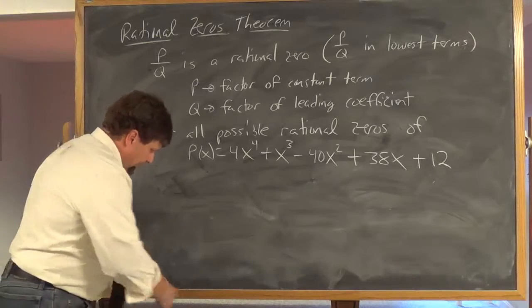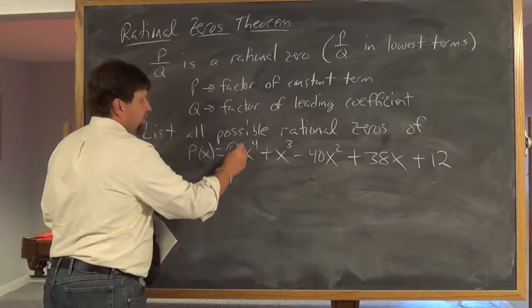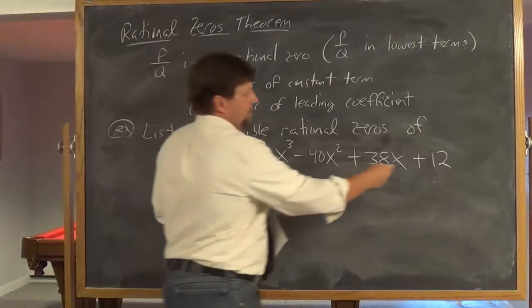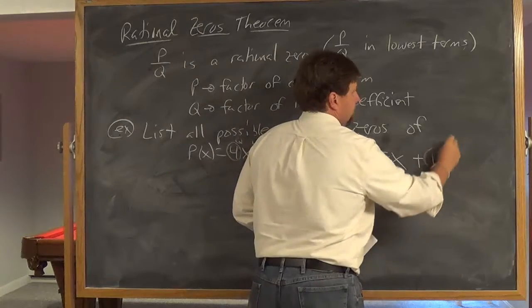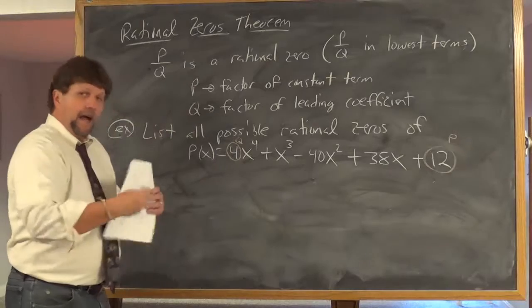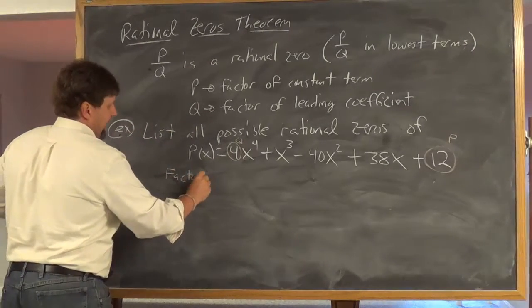So here are the key parts. This is the leading coefficient, so that's going to match up with the Q. Way down here is the constant term. That's the P. So how I do this is I just list the factors.